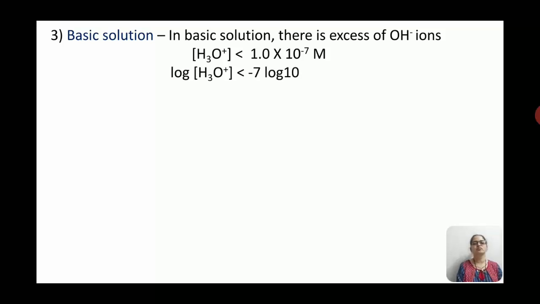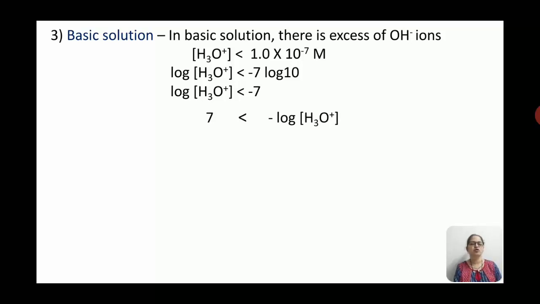Again, taking log on both sides, we can write log of molar concentration of hydronium ion less than minus 7 log 10. Now as you know, the value of log 10 is 1. We can write log of molar concentration of hydronium ion is less than minus 7. Take minus 7 on left hand side, it will become plus 7.